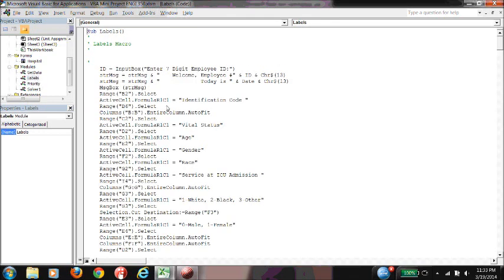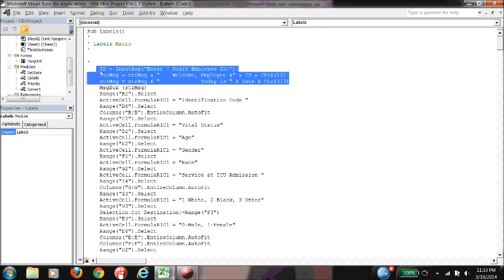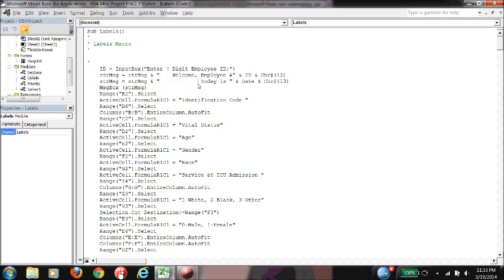A few of these were recorded, such as creating the headers to the patient data and stuff like that. Those were recorded macros. You can see how the message box were displayed to welcome the employee. So that's just a few of the macro code that I used, briefly explaining just how all this came together.